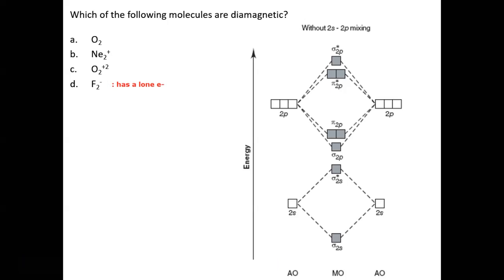O2. Oxygen, we got 1, 2, 3, 4, 1, 2, 3, 4, 1, 2, 3, 4. So the 2s, of course, is completely filled.